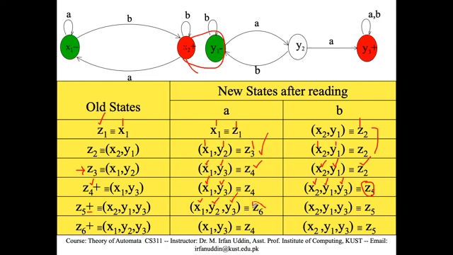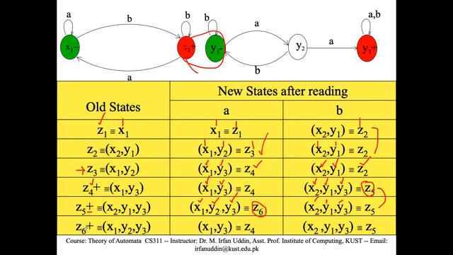It's a new state, so we name it Z6. X2 reading B, we go to X2, Y1. Y1 reading B, again we go to X2, Y1. Y3 reading B, we go to Y3. It's the same as the previous state Z5, so we do not create a new state.